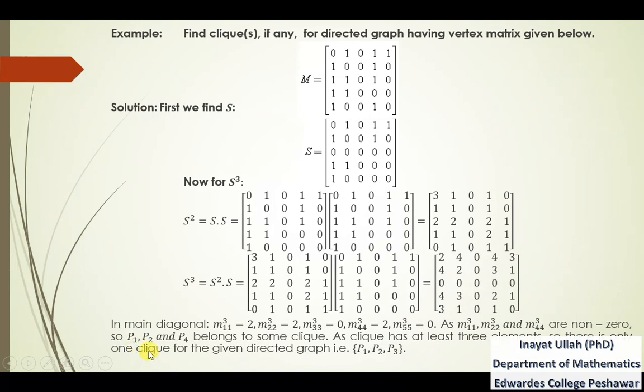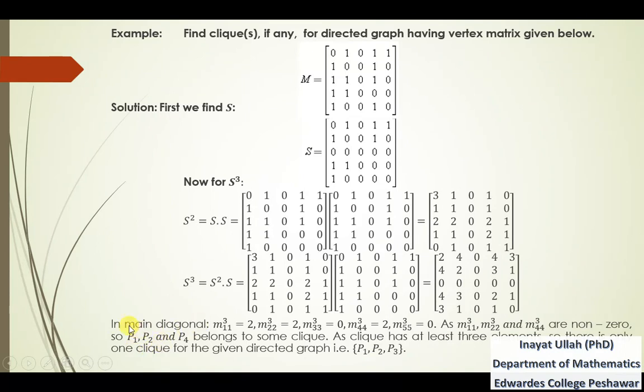So P1, P2, P4 belong to some clique, because these entries are not 0. But we know that clique has at least 3 elements, and these are 3 elements. So there is only one clique, namely P1, P2 and P4.